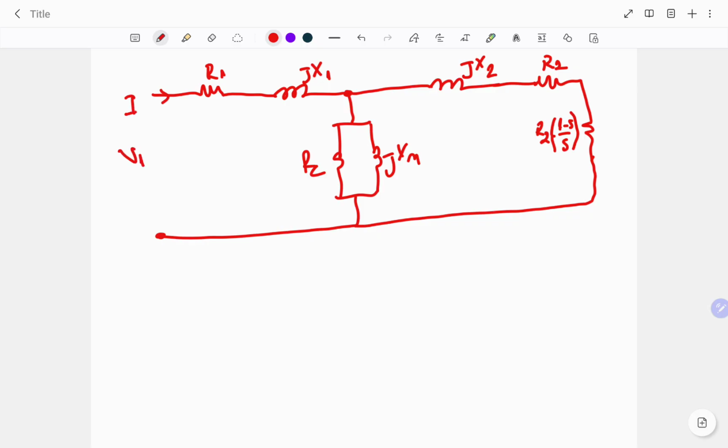For example, if we start with the first resistance of the equivalent circuit, R1, what was the R1? Which represents the stator winding resistance. So if we can calculate the absorbed power by the R1, we can determine the stator copper losses. Similarly, the next resistance in the circuit will be the core losses.